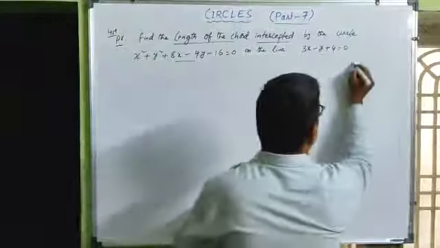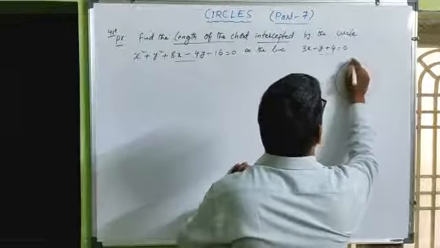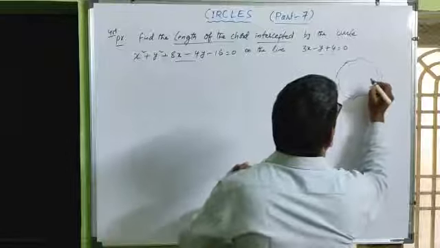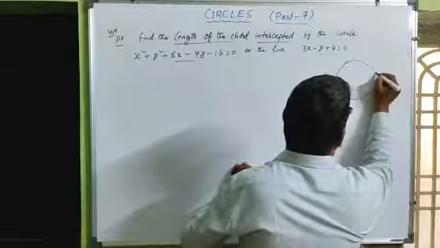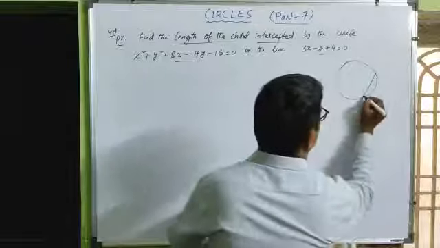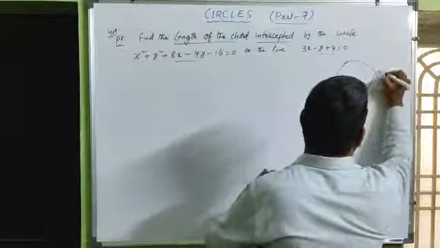First suppose this is the circle, and this is the center of the circle. Suppose this is the chord, and the chord is AB.